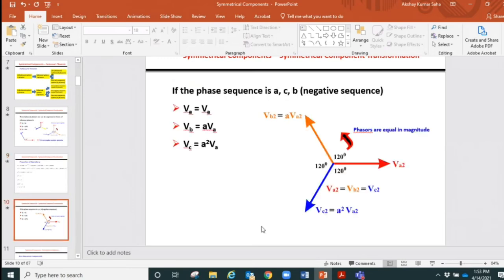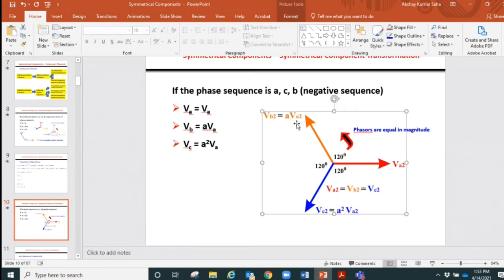So we can go to the negative sequence phasor diagram. For the negative sequence phasor diagram, all the voltages related to negative phase sequence will be shown: VA2, VB2, and VC2. So VA2 is this one. It's negative sequence, and if we go back to this chart, negative sequence means ACB.